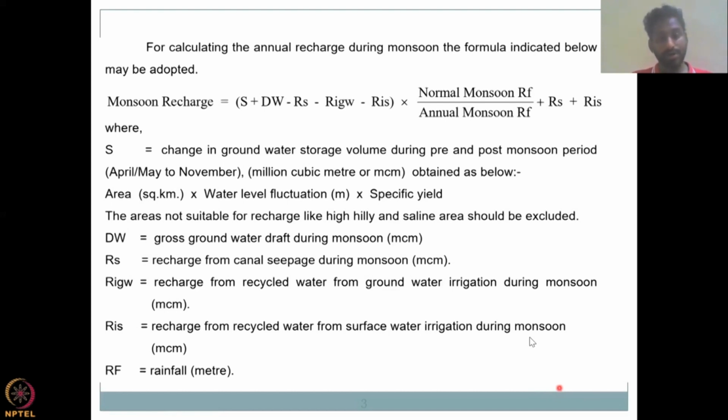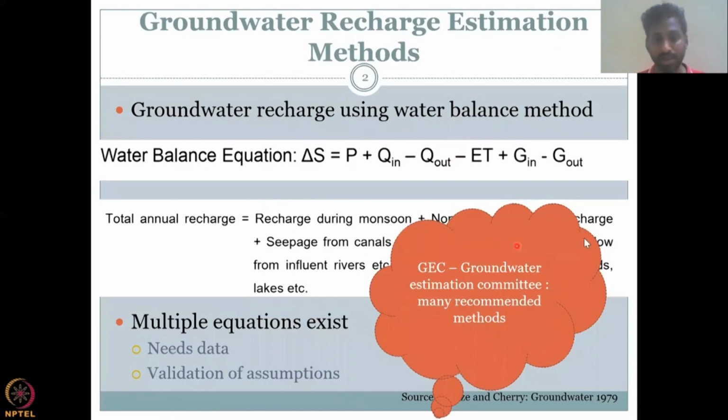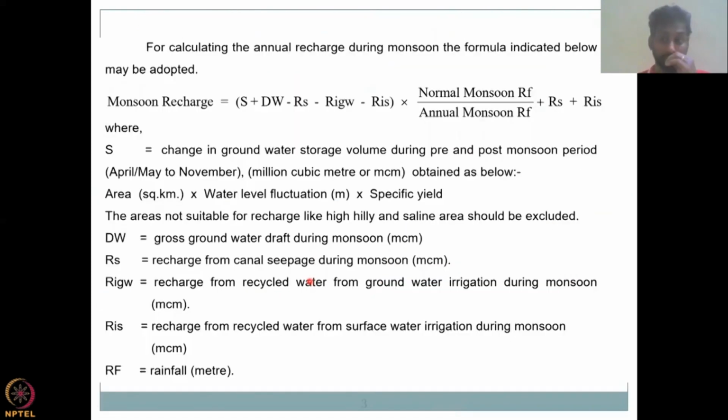What is RF? It is your rainfall in meters. So this is just a fraction times your thickness plus thickness. Okay, so all this would be your thickness, whereas all these are volumes. And all this is very, very important to understand how you calculate your specific recharges, because in this equation you saw multiple recharges happening, but you should not double calculate, and you have to be very careful in making these water balance equations.